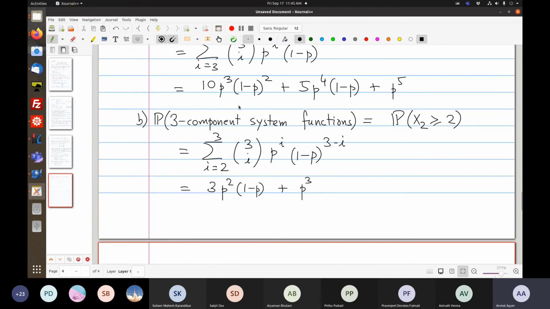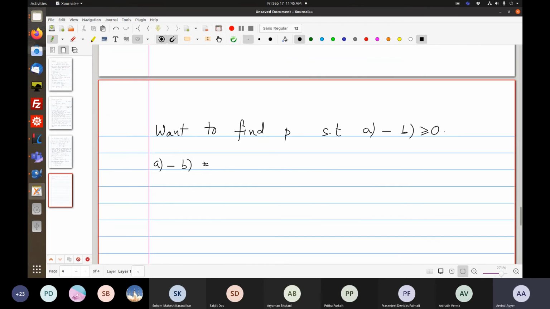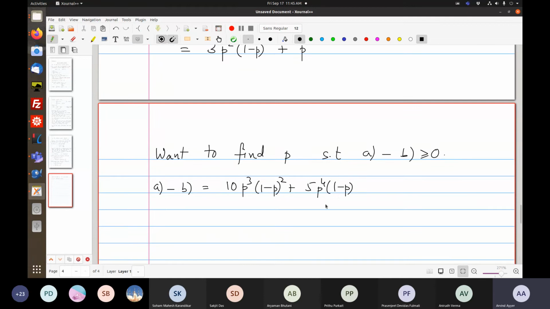So let me write the first two terms. That's 10p cubed 1 minus p whole squared plus 5p to the 4 1 minus p. I'll write the last term later. Let me write this difference over here, minus 3p squared 1 minus p.